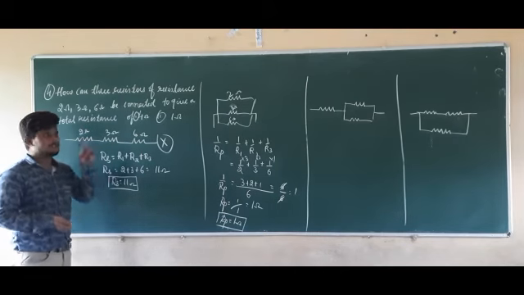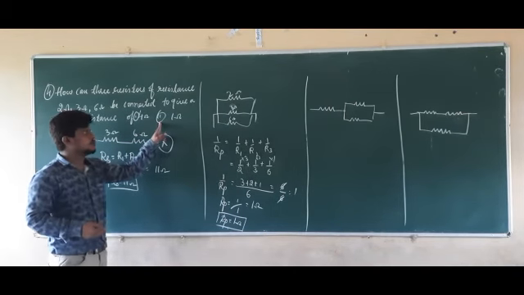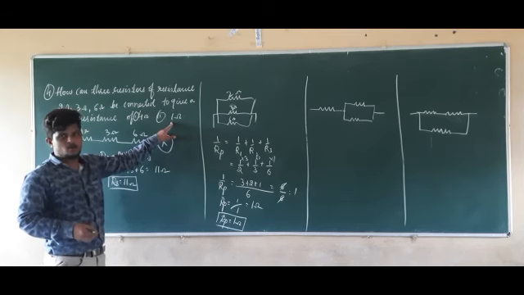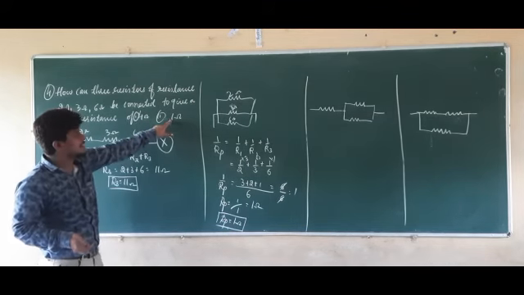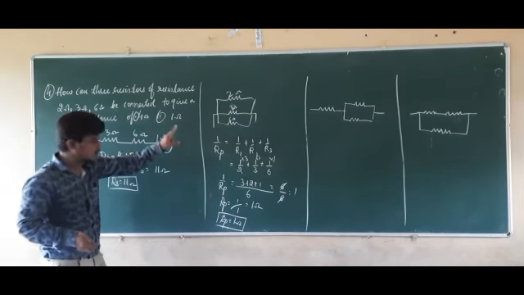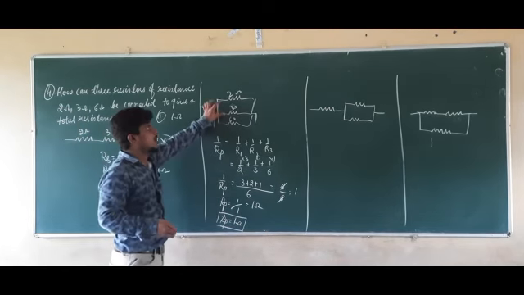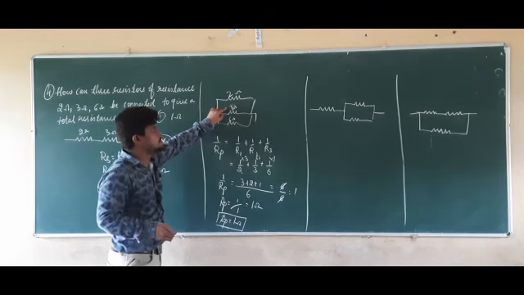If you check the problem statement here, in the second question, the effective resistance is 1 ohm. The required total resistance value is 1 ohm. So we are getting the required total resistance value of 1 ohm when we connect all those three resistors in parallel.